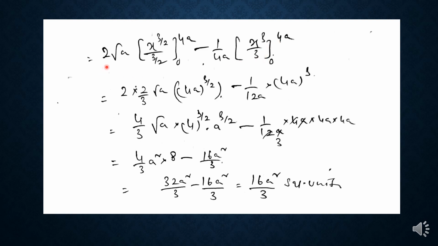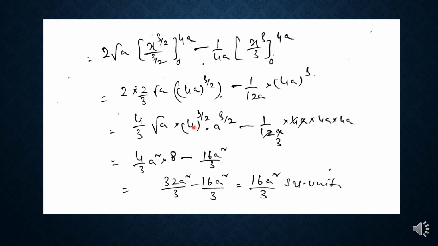This can be written as 2 root a into 2 by 3, that is 2 into 2 by 3 root a, into, by putting x is equal to 4a here, 4a whole to the power of 3 by 2, minus 1 by 4a into 3, that is 1 by 12a, into, by putting x is equal to 4a here, 4a whole cube. That is 4 by 3 root a into 4 to the power of 3 by 2 into a to the power of 3 by 2.